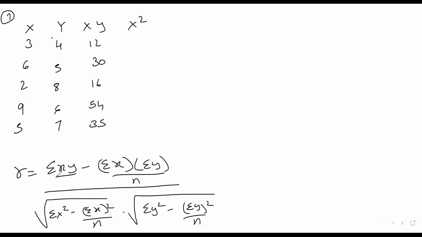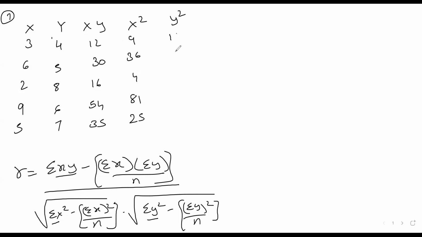Why do we find xy? Because the formula has summation xy. Why find x square? Because it has summation x square. The formula has summation y square, so we will find that too. And then you will just put it in this formula and solve it. x square is 9, 36, 4, 81, 25. Y square is 16, 25, 64, 36, 49. Total this and put it in this formula.